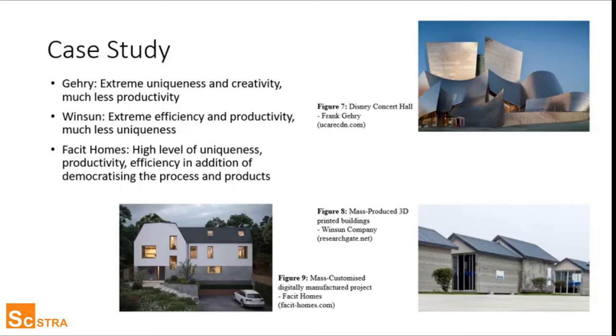Nowadays, apart from the technical and technological improvement of construction, democratization of the technology and the architectural products play a key role in improvement of the built environment. Companies like Facet Homes, which have been studied in this project, are stepping in this direction.